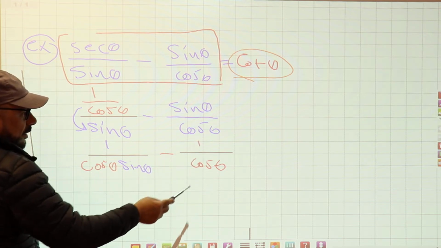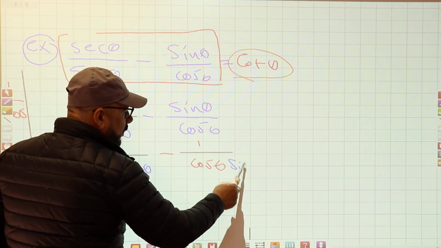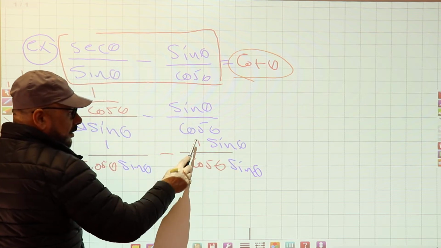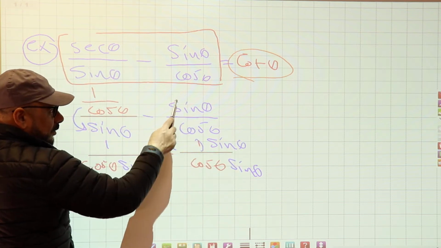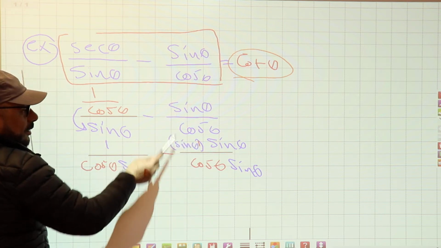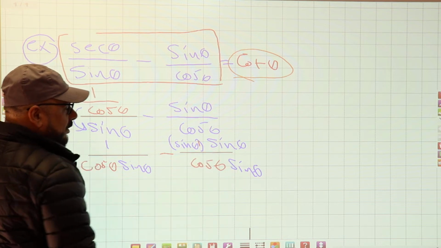And here 1, we need sine theta to have the same denominator. Multiply sine theta, multiply sine theta. Already we have existing sine theta, right? From here, which is sine theta. Then we multiply the denominator and the numerator by sine theta.